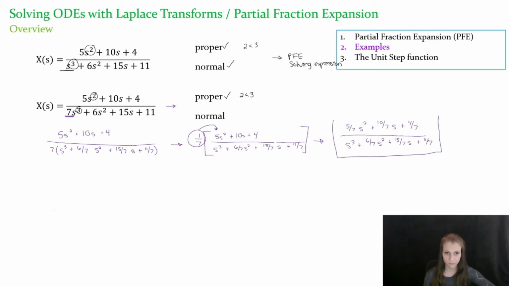This is now in both proper and normal form. So again, if we wanted to, we could proceed with the rest of partial fraction expansion and solving for the output.